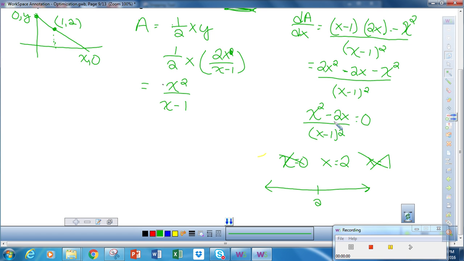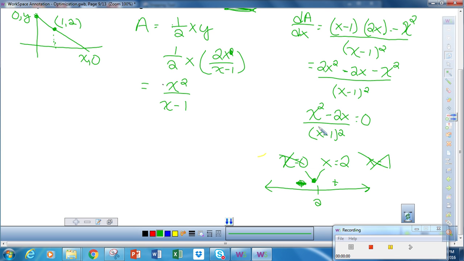If I do 1.5, which is like 3/2, I get 9/4. So I'm going to get a positive number. The bottom is always positive. If I put in 3, I get 9 minus 6, I get positive. Apparently, if I put this in, I get a negative. So I'm going from a negative to a positive, so that gives me a minimum.